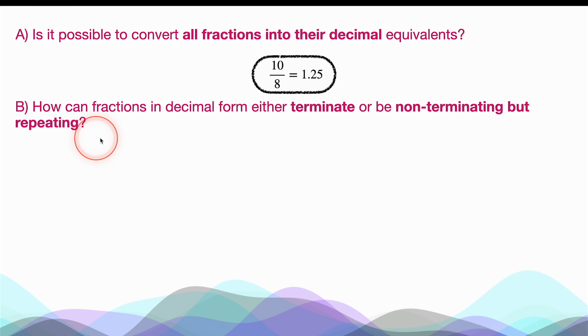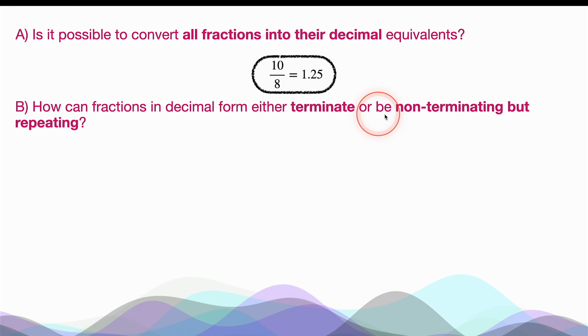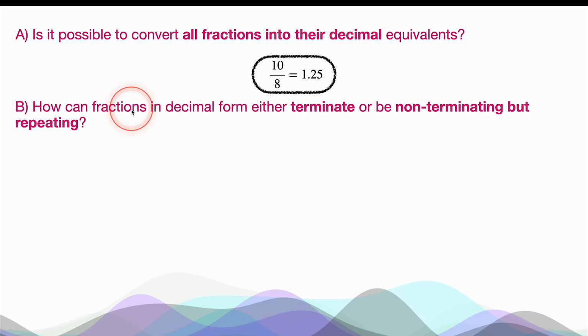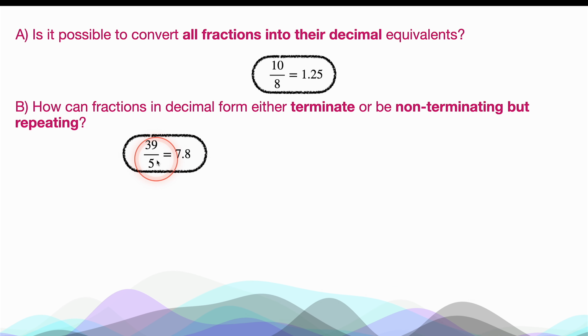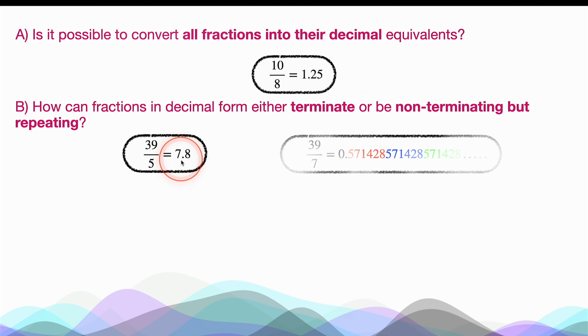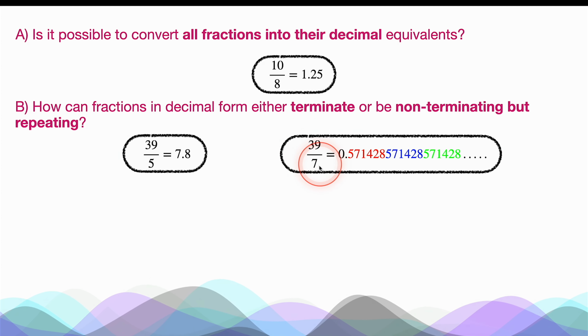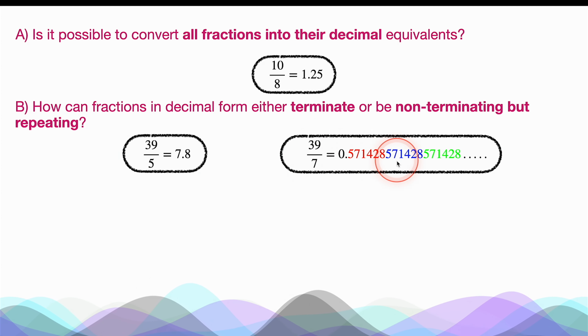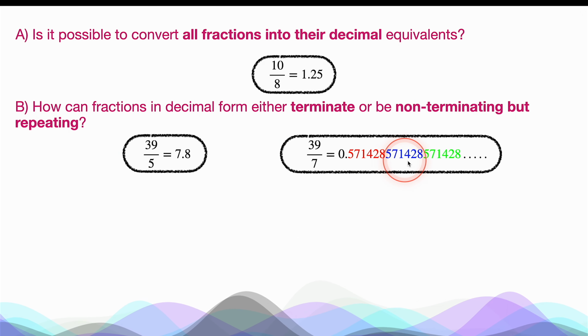Second, how can fractions in decimal form either terminate or be non-terminating but repeating? Let's say in the case of 39 by 5, we got 7.8, and when we do 39 by 7, a different divisor, we get a non-terminating but repeating decimal number.